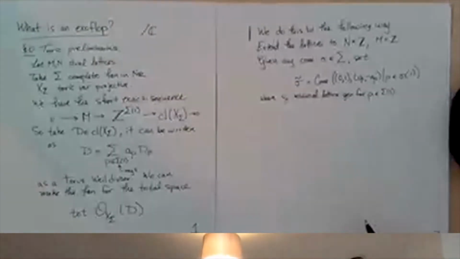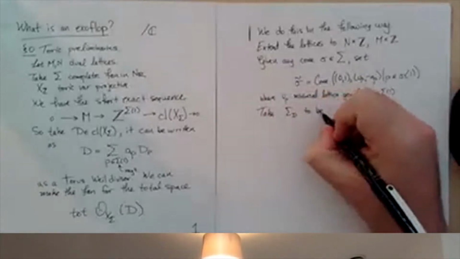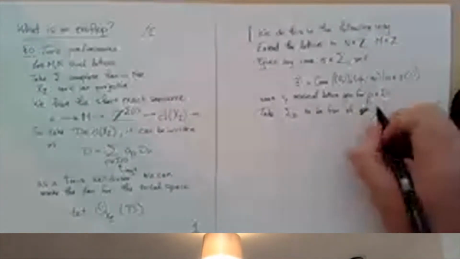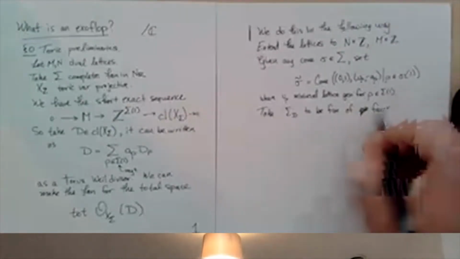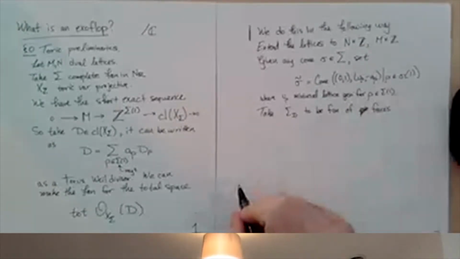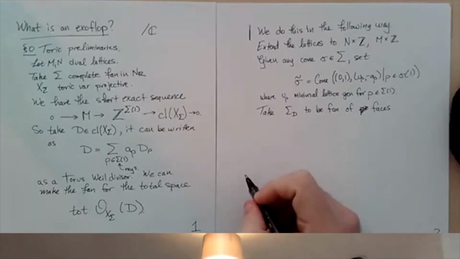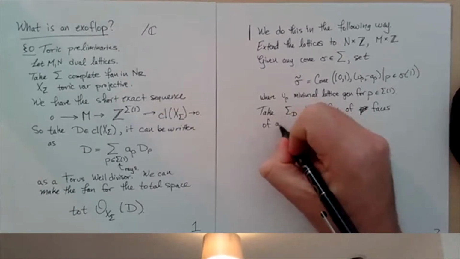So then we can construct a fan with all these cones, sigma twiddles. So we'll call Sigma_D the fan of faces, I don't need proper faces, of all sigma twiddle.